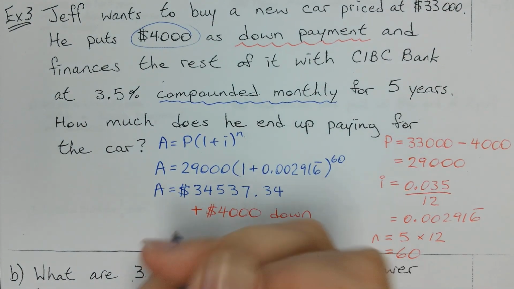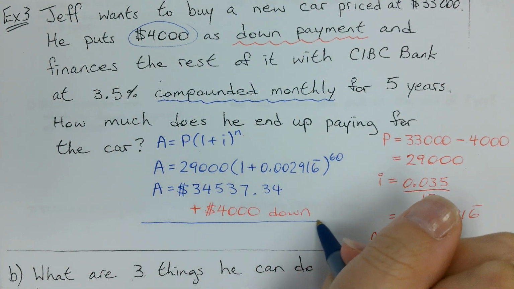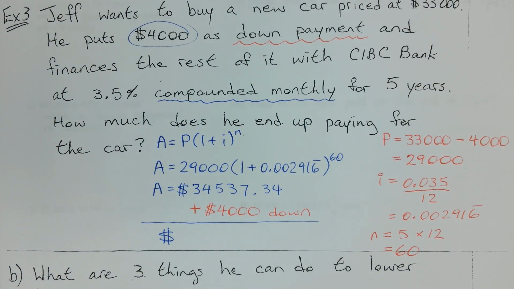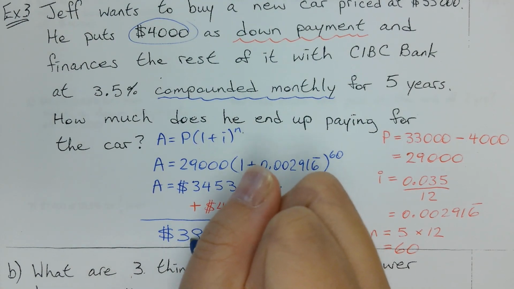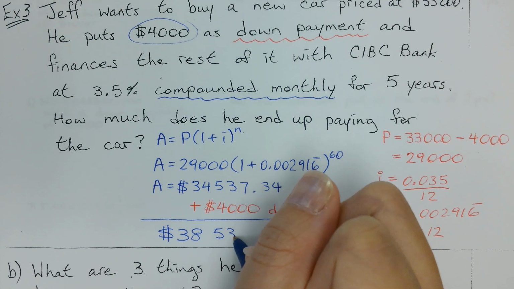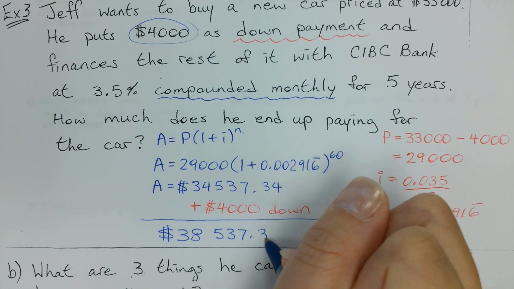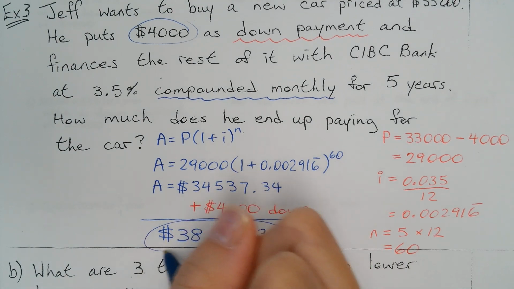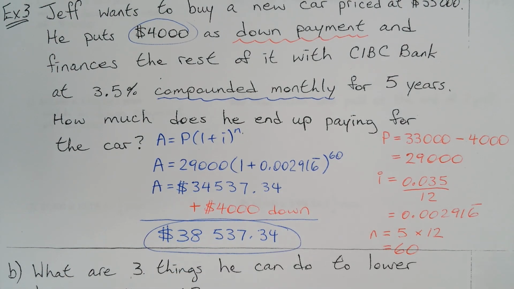and so how much did you pay for the car at the end? At the end of 5 years, in total, you paid $38,537.34. Okay.